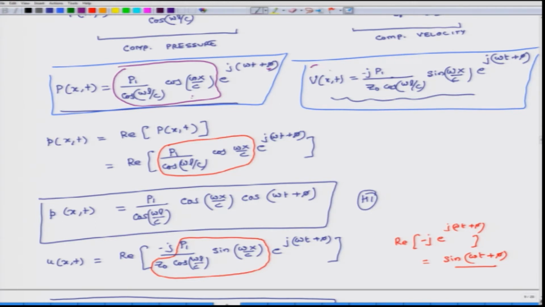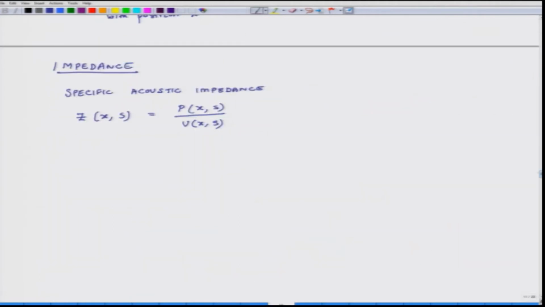And this term is the complex amplitude for velocity. So, e to the j phi should be inside this, but when I take the ratio, e to the j phi goes away and I get ultimately the specific acoustic impedance. So, this specific acoustic impedance is a function of x, which is position. So, it changes from one point to other, and it is also a function of frequency or complex frequency.